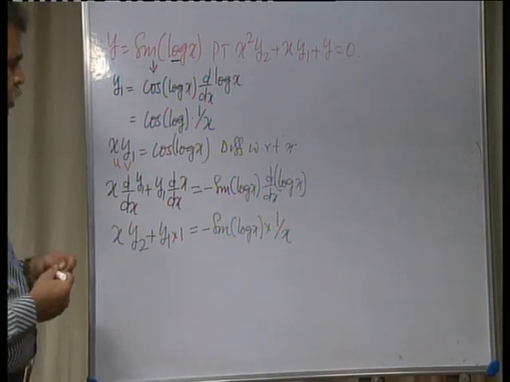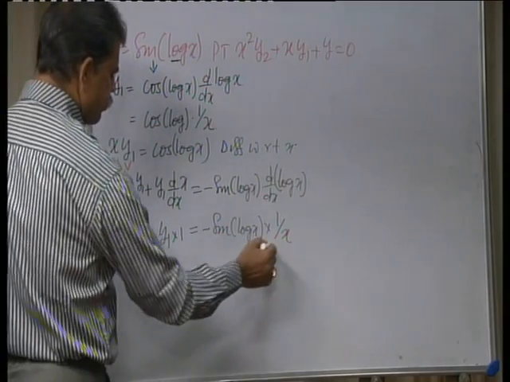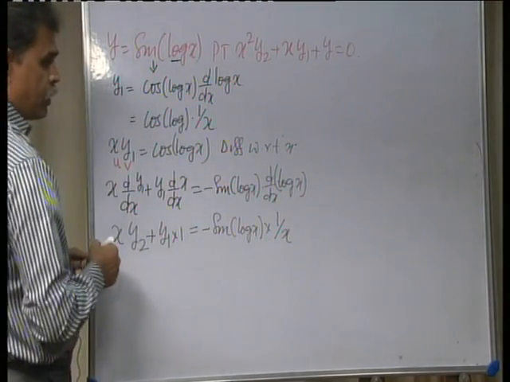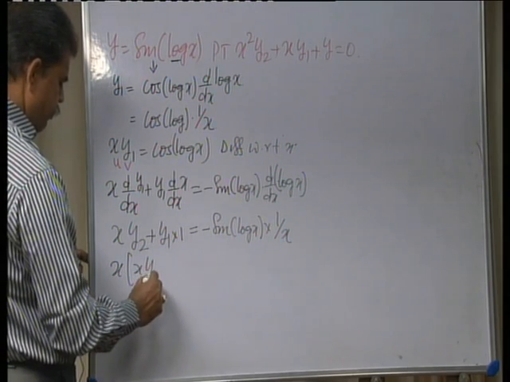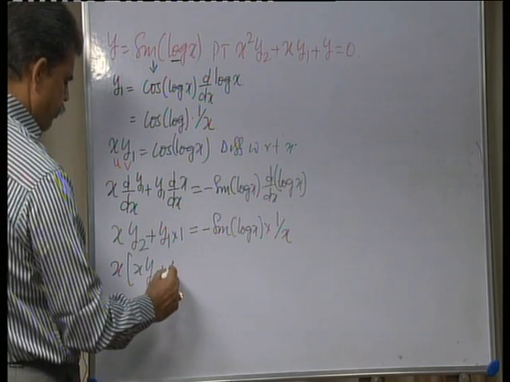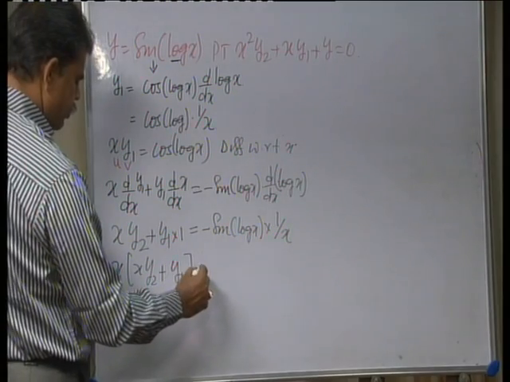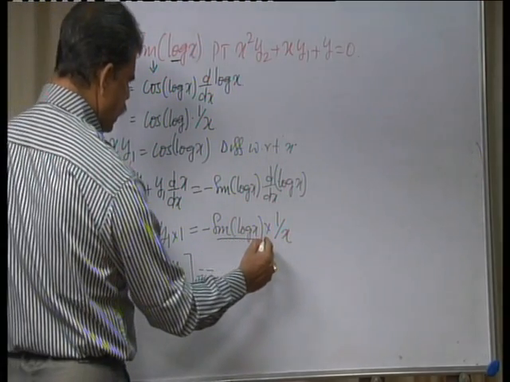Again you cross multiply this x towards the left hand side, then it will become what? x into x y2 plus y1 is equal to minus sin log x.